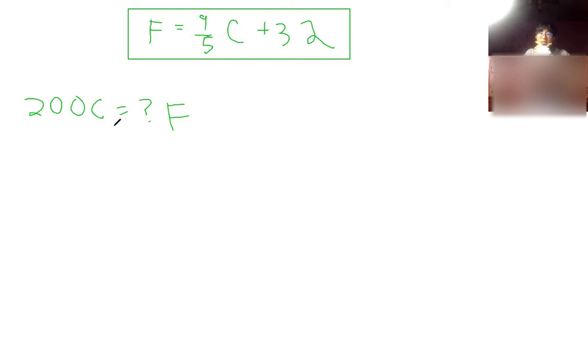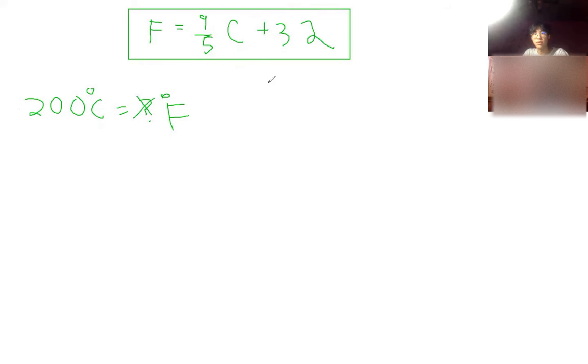Basically, you're just plugging in 200 wherever you see this, because these two are the same. So you have 200 degrees Celsius and x degrees Fahrenheit, we'll just call it.